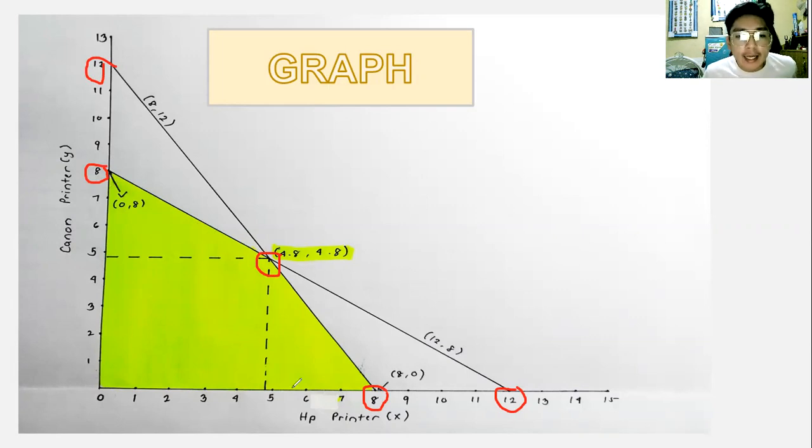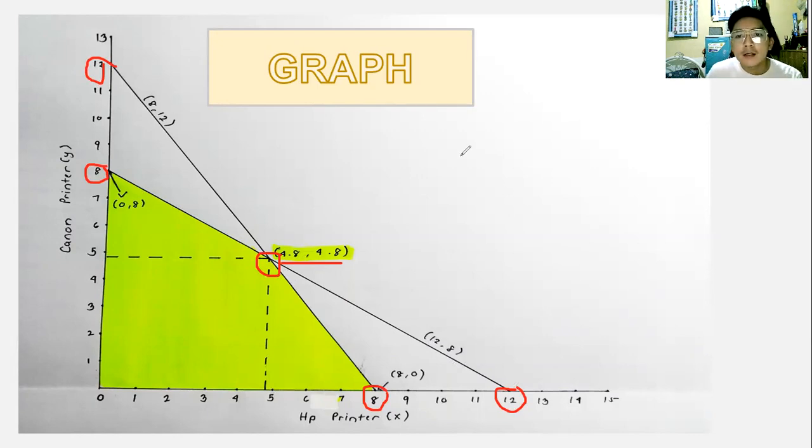Since we cannot exactly know the value of this 4.8, which is actually solved by me, I will explain later how to get that value. Here's the point: using the graph is easy if it's an exact number, but since it's not exactly pointed at the coordinates of 5, 5, we're still going to get the exact value in the next steps that I'm going to teach you.